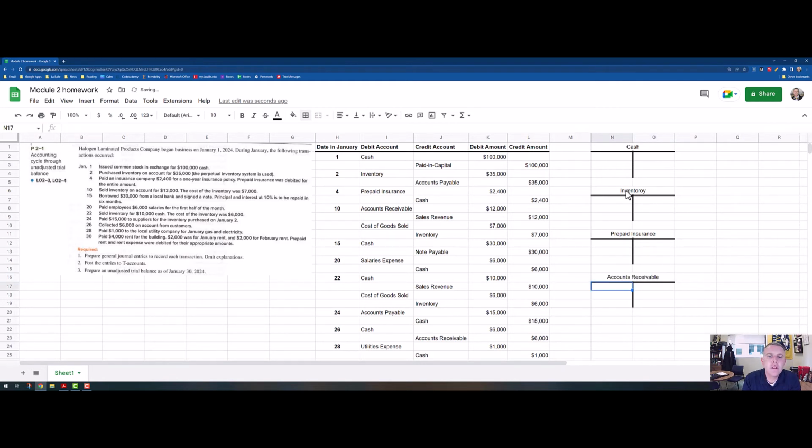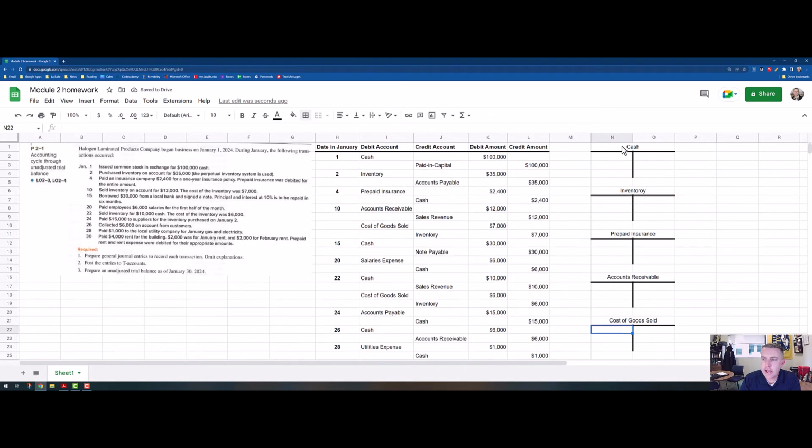And then what? Cost of goods sold. Good old COGS. That's for the cool kids. Only the cool kids know the abbreviation for cost of goods sold. Cost of goods sold, blah, blah, blah.